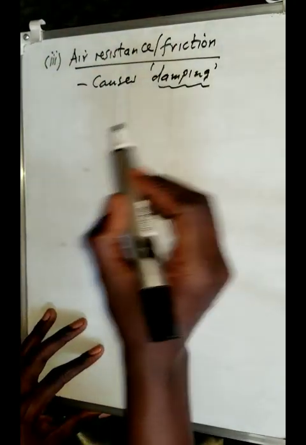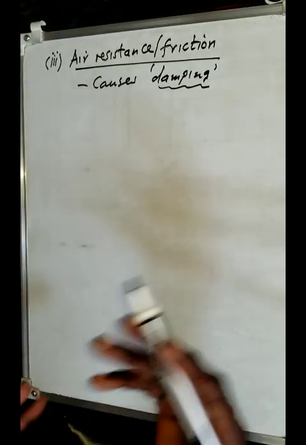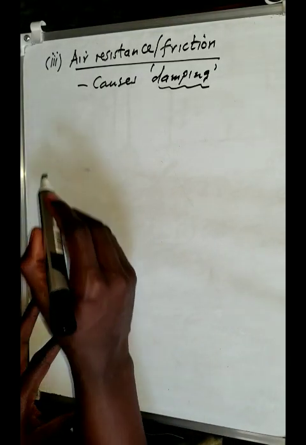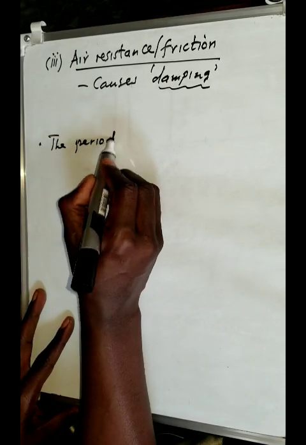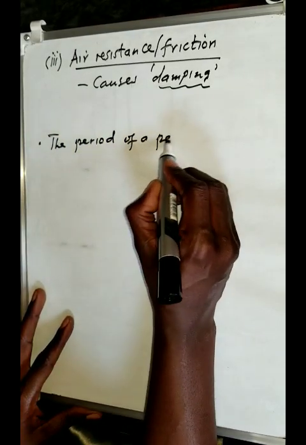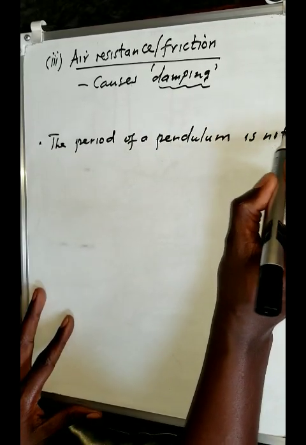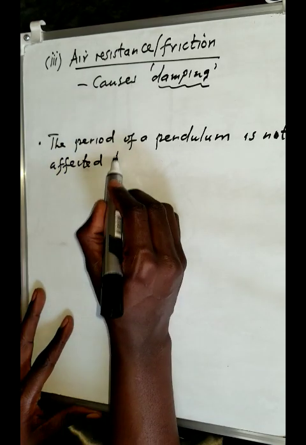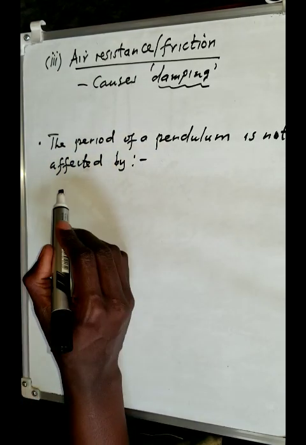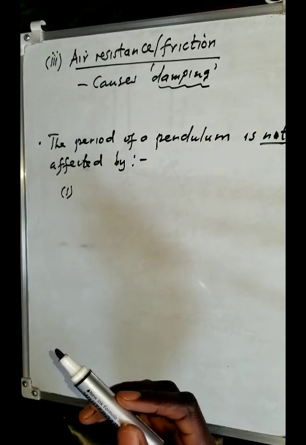Now, of course, those are factors that affect the period of a pendulum. Let's talk about things that do not affect the period of a pendulum. So we can say that the period of a pendulum is not affected by, are you thinking of things that may not affect the period of a pendulum?